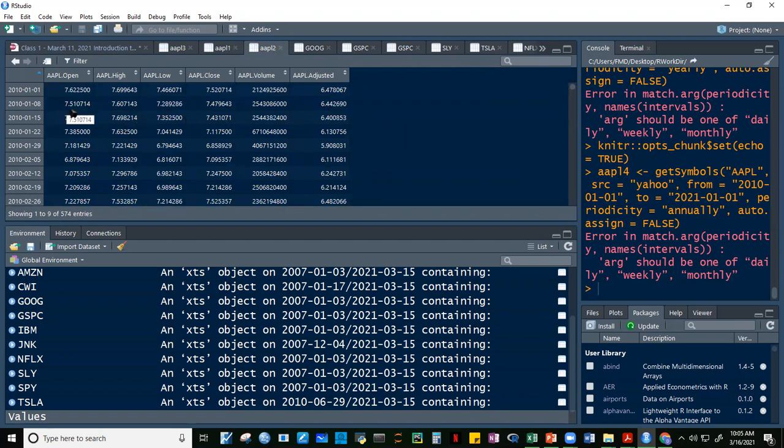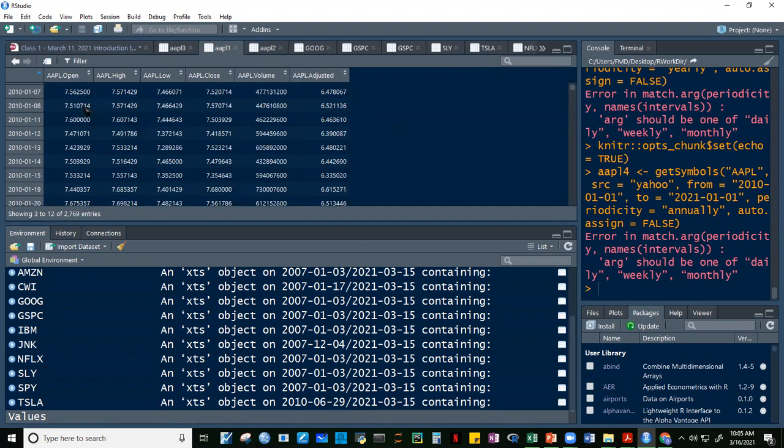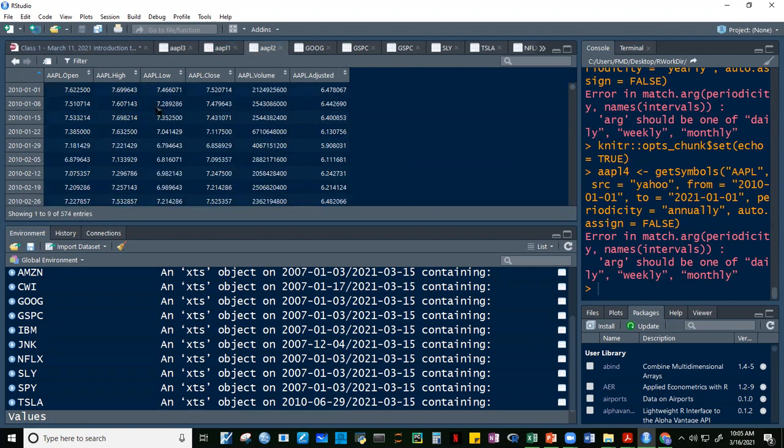Wait, January 8, 7.51, 7.60, 7.51, 7. But may changes dito. 7.51, 7.57. Ay, wait, sorry ah. Ang high, okay, it's the high of the week, no? Okay, 7.60, 7.28. Okay. Can you see, guys?